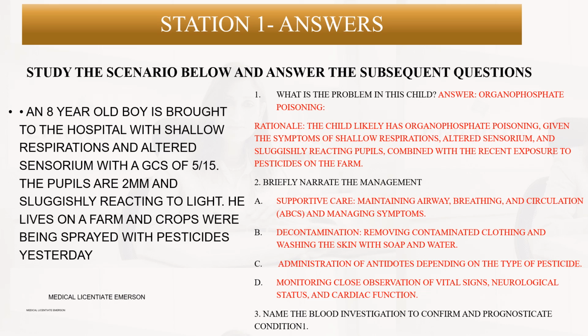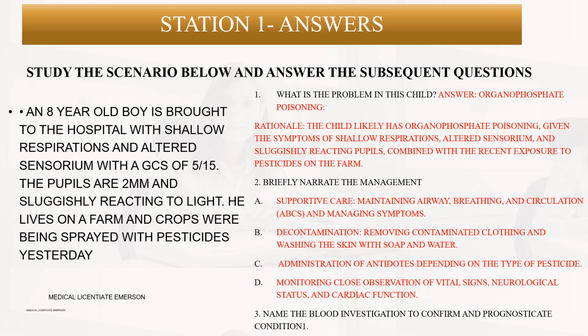Then management 3 is administration of antidotes depending on the type of pesticide. Then also have to monitor closely the vitals, neurological status, and cardiac function. So these are some of the brief management principles.